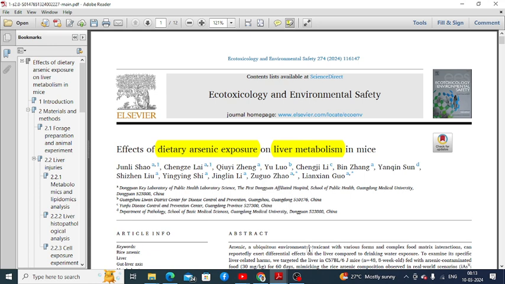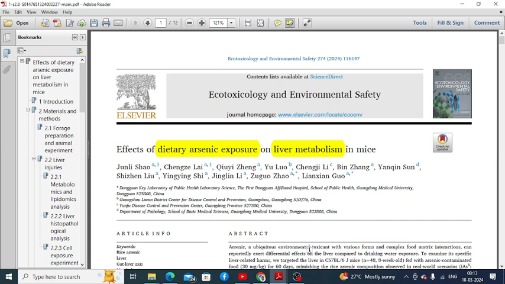So, from this research paper's introduction, we could expect three things in the research rationale. One is the literature survey with respect to the effects of arsenic exposure on organisms. Next, we could expect the research gap. The research gap would be dietary arsenic exposure.